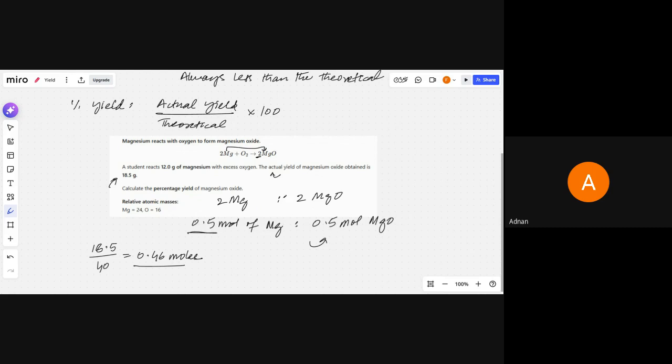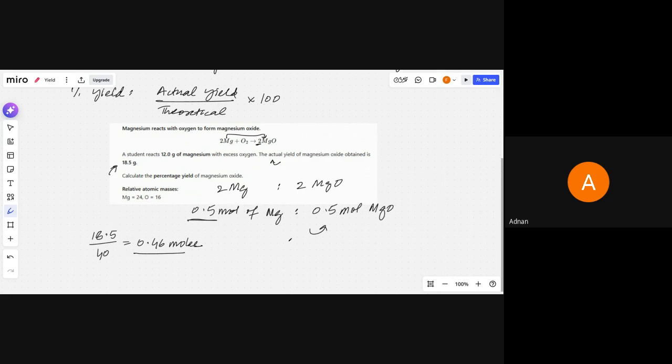So now I'm going to put this into the formula. Actual yield is 0.46, divided by 0.5, which is theoretical, and I'm going to multiply that by 100.